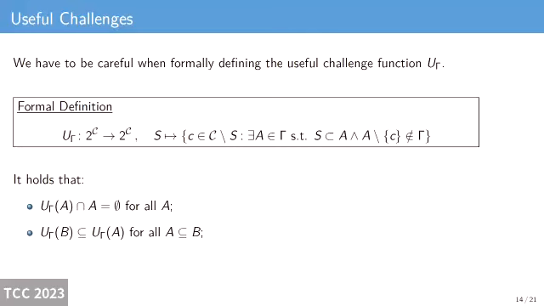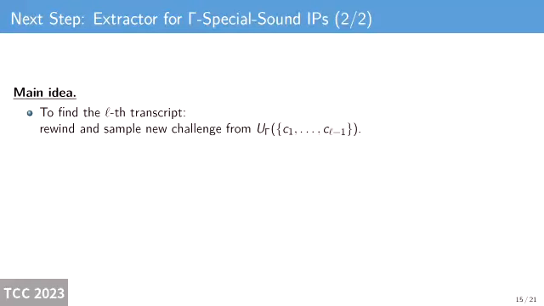Further, this set of useful challenges is decreasing: if you find more transcripts, then the set of challenges that remain useful grows smaller. And finally, if you've already found accepting transcripts for a set in your access structure, then there are no useful challenges remaining. These are quite natural properties.